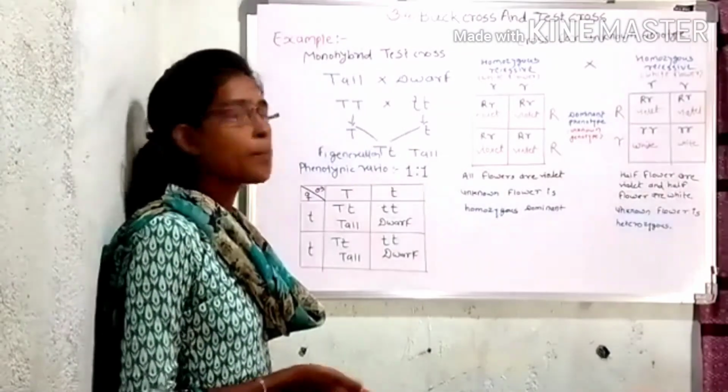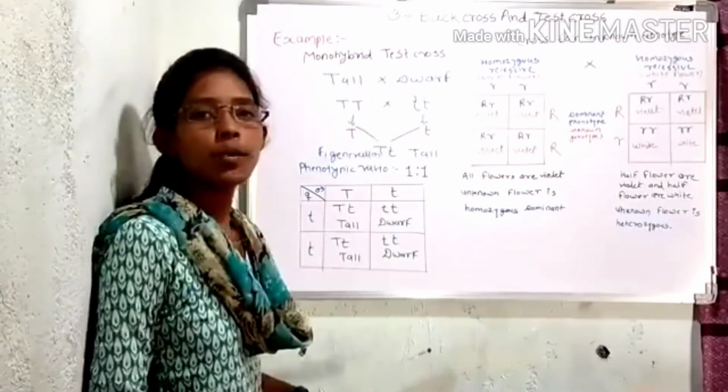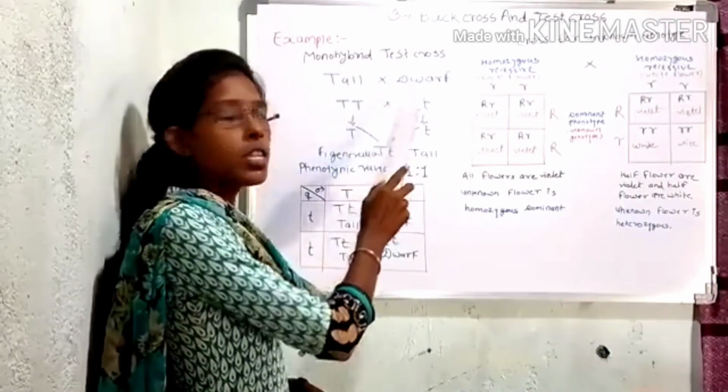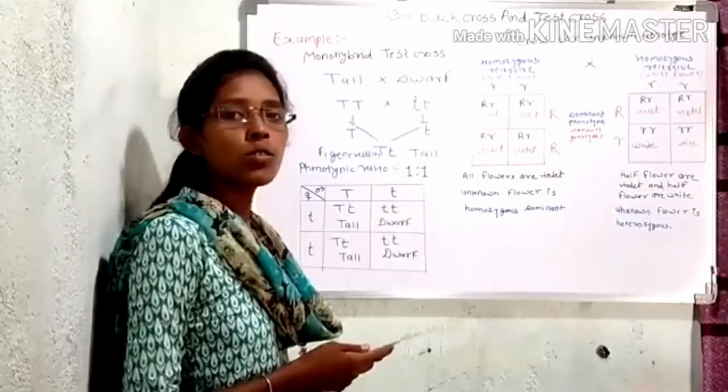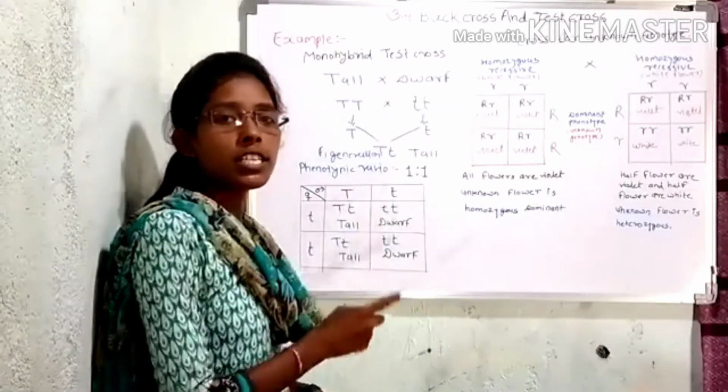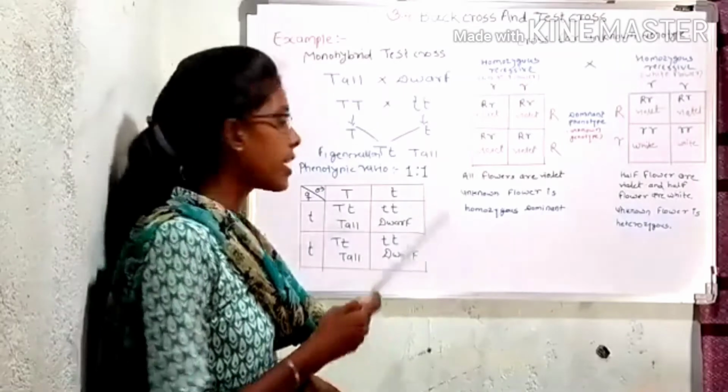Then we take an example of a monohybrid test cross. In a monohybrid test cross, a tall plant is crossed with a dark plant. After crossing, we get a hybrid plant having the genotype capital T, small t. This hybrid plant is again crossed with the recessive parent.